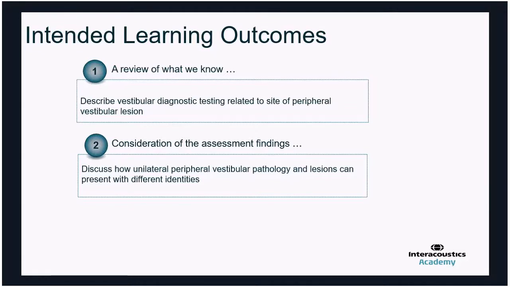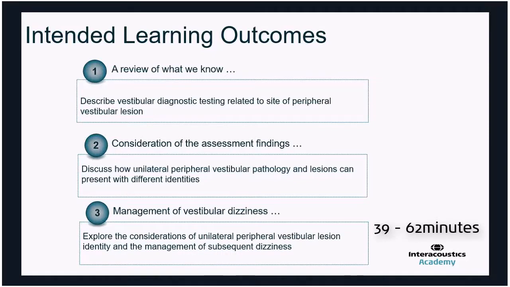This is something that would potentially have consequences in relation to the management of those patients once the lesion has been identified. In particular, in this morning's webinar, I would like to focus more on unilateral peripheral vestibular pathology.